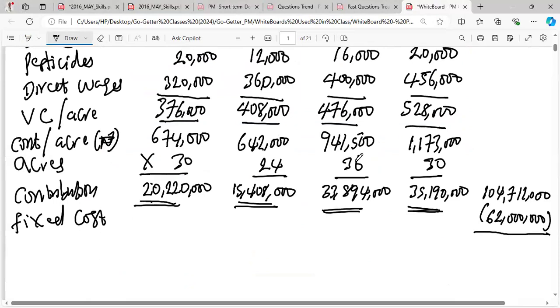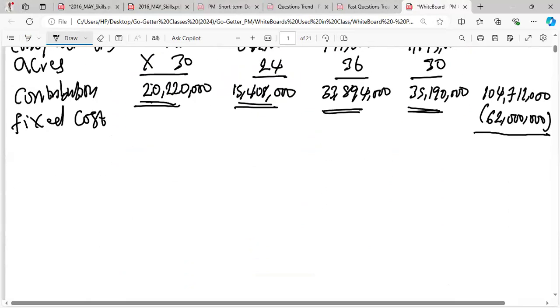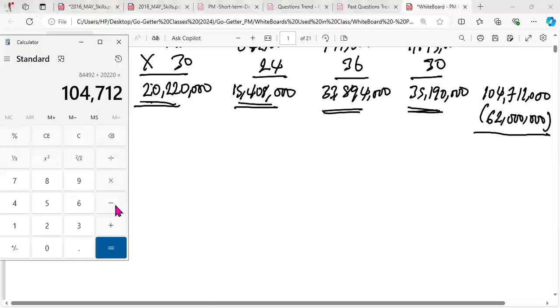So what I will now do here is to less 62 million from the bunch of things I've been doing here. Okay, so 62 million. So this is already here. I'll just remove 62,000 to represent 62 million. So I have 42,712.